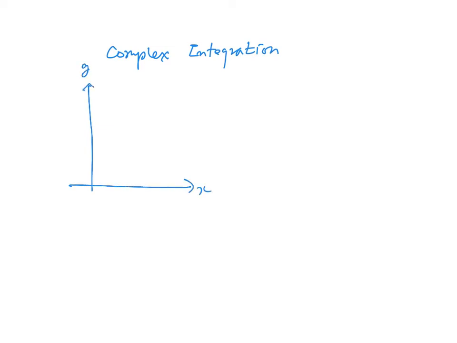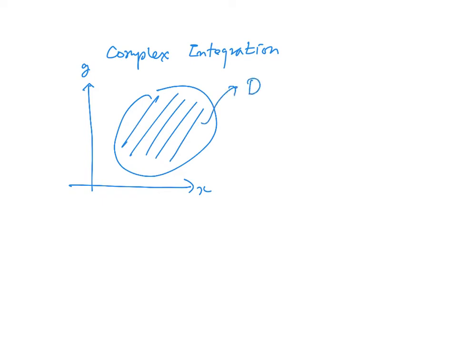So we found the conditions for the function to be differentiable, that's the Cauchy-Riemann condition. And we have done most of the differentiation, then the next step is integration. So we need to define some terminology.